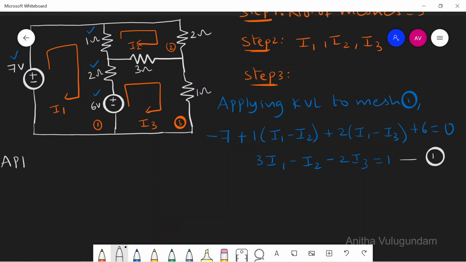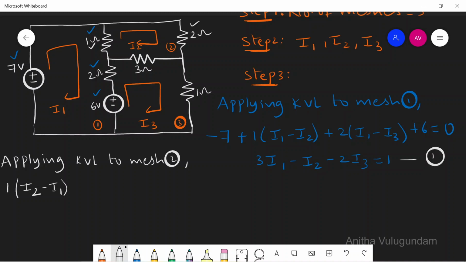Next, applying KVL to mesh 2. Let us start with 1 ohm resistor. Voltage drop across 1 ohm resistor is 1 into I2 minus I1.